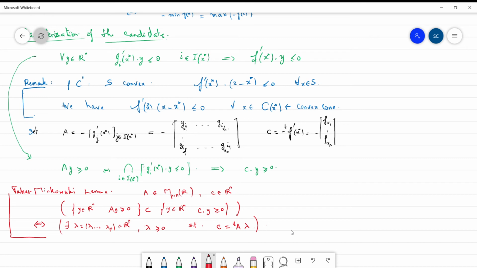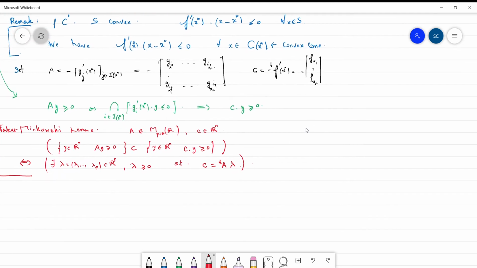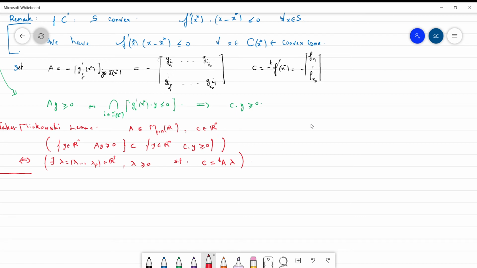And now we will use this Minkowski lemma.